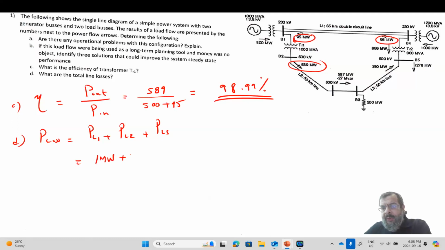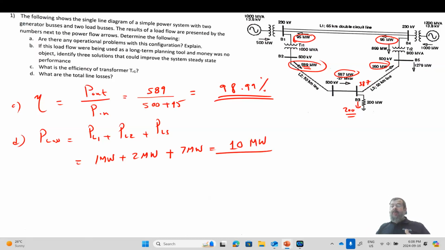Plus, for line 2, we started with 589 and end up with 587, so there is 2 megawatt. Plus line 3, we have 587 coming in, and 200 megawatt going out as a load, so we have 387 here and 380 at the end. So line 3 has 7 megawatt. The total loss is 10 megawatt.